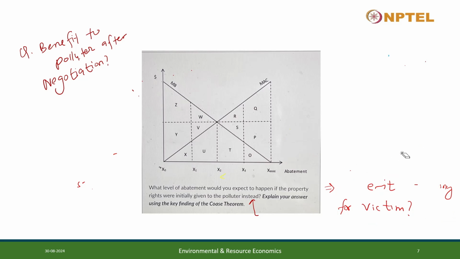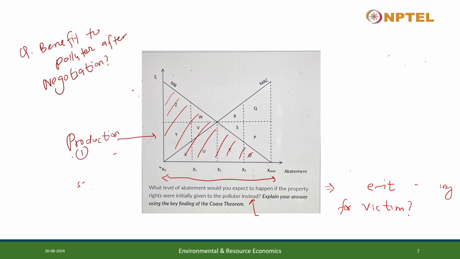Okay. Now, initially, what did I say? Since the polluter has the right to pollute, or a right to the property, till X max the polluter will produce some good. So this will be the production pre-negotiation case in case 1.